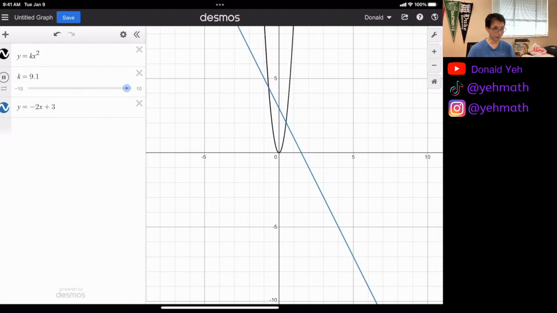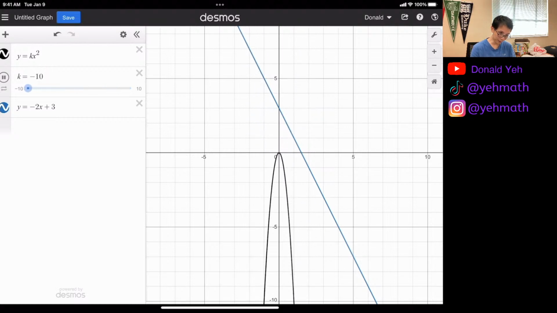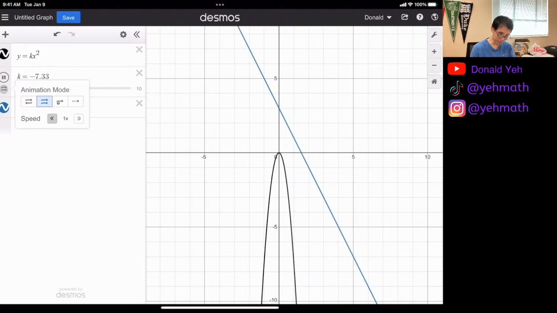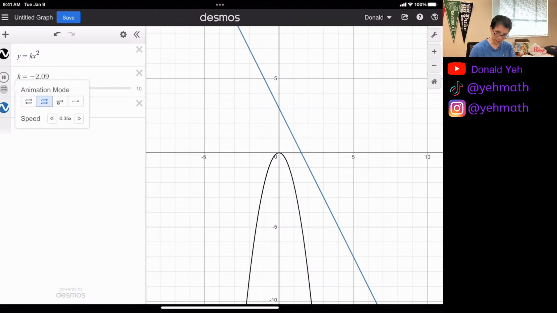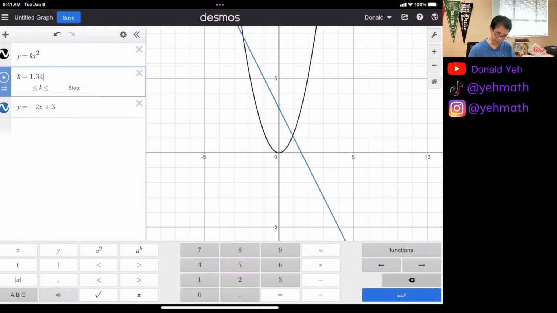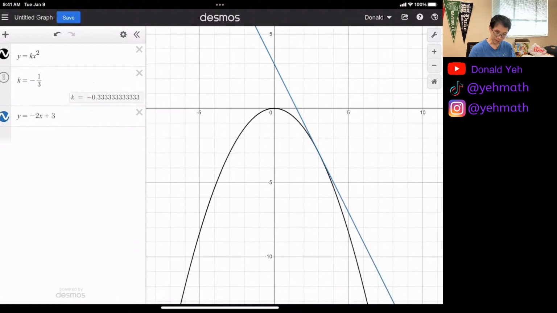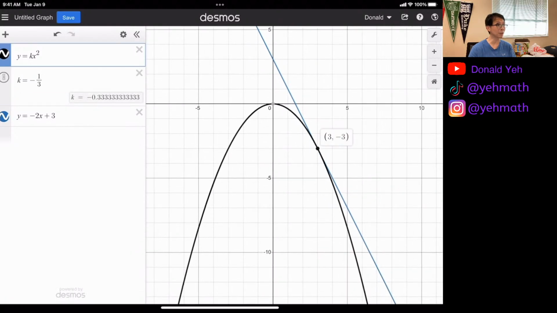Do you see that? So fast, let's slow it down. Right there, do you see it? So we know it's negative 1/3. And guess what? They are exactly tangent to each other. They have to be 100% tangent to each other. They only intersect once at a particular point. And that's the nice thing about this.